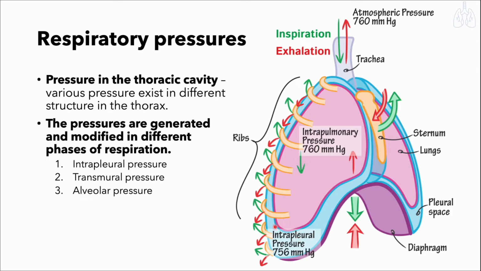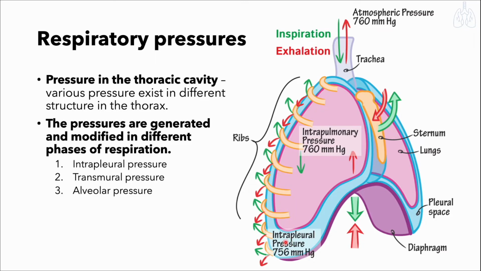The intrapleural pressure is 756 and the intrapulmonary pressure is 760, so there is a minus 4 millimeter of mercury difference between these two regions. Is it important to have that difference? Yes, it is very important, because the negative pressure influences the expansion of the lungs.